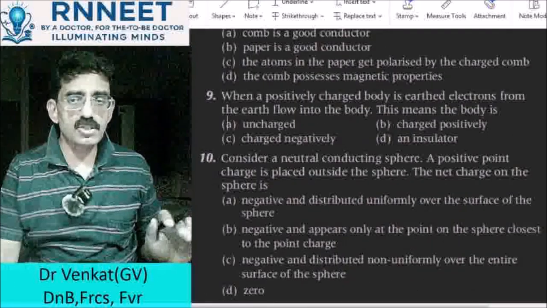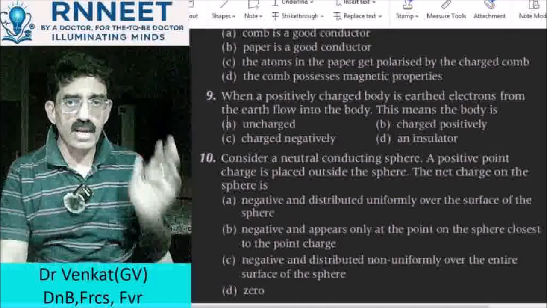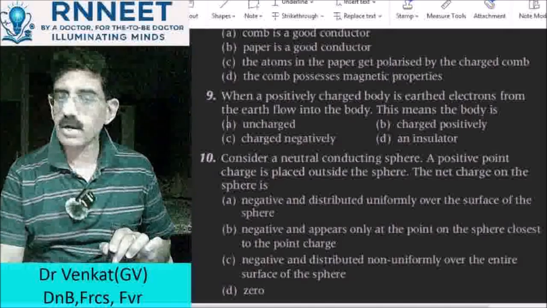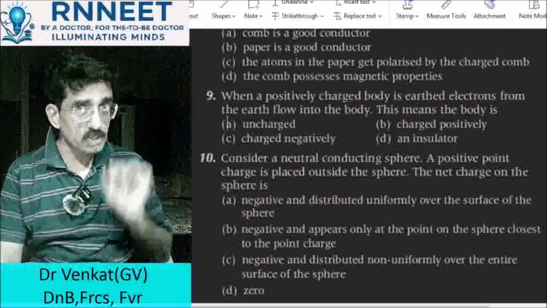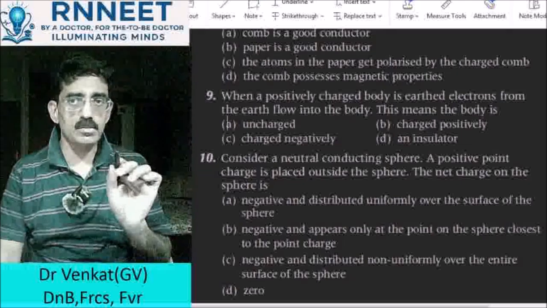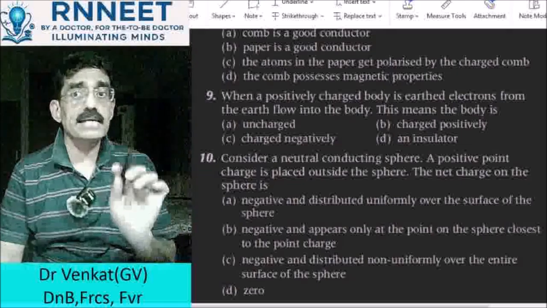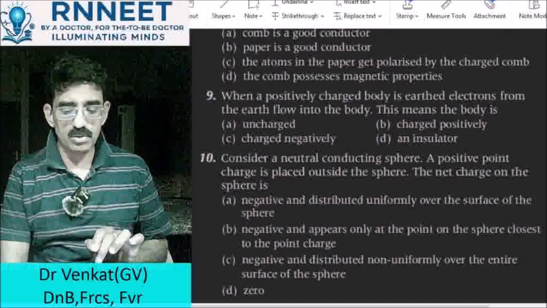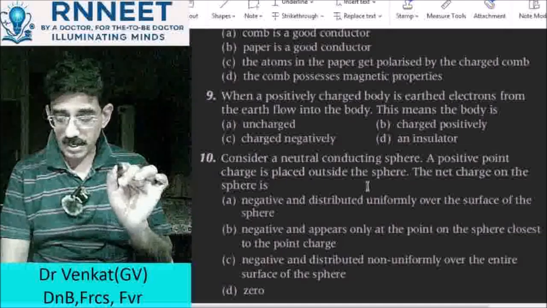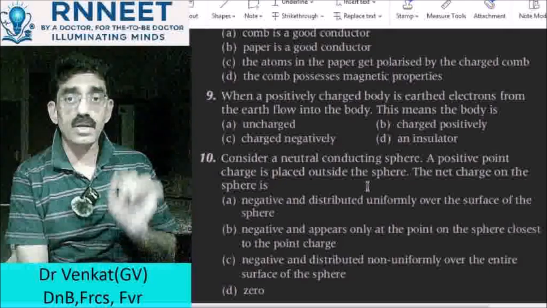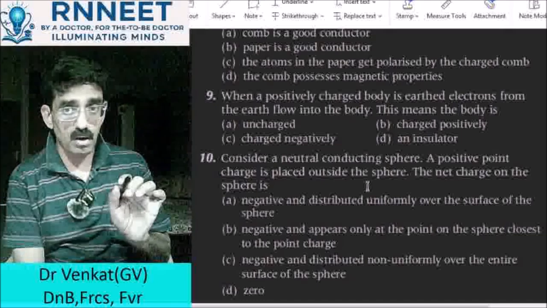We look at this last question before we get into the next part of the chapter, that is Coulomb's law. Consider a neutral conducting sphere. You know that a neutral charged body can also get attracted because of induction. A positive charge is placed outside the sphere. What is happening to the net charge on the sphere?